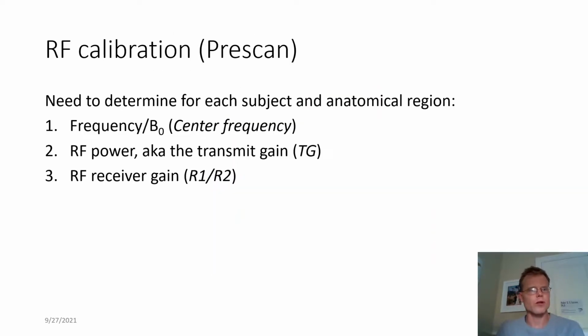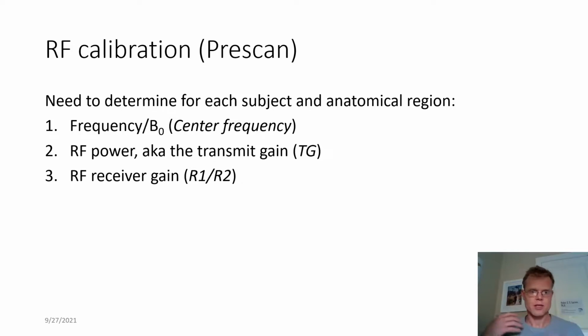A couple more important parts of the RF pulses is we actually need to do some calibration, or what's often called Prescan, to set up our RF system. We need to make sure we're at the right frequency. Again, this is so we have actual resonance excitation, so we can deflect the net magnetization away from the z-axis and get signal. We're going to need to adjust our RF power.